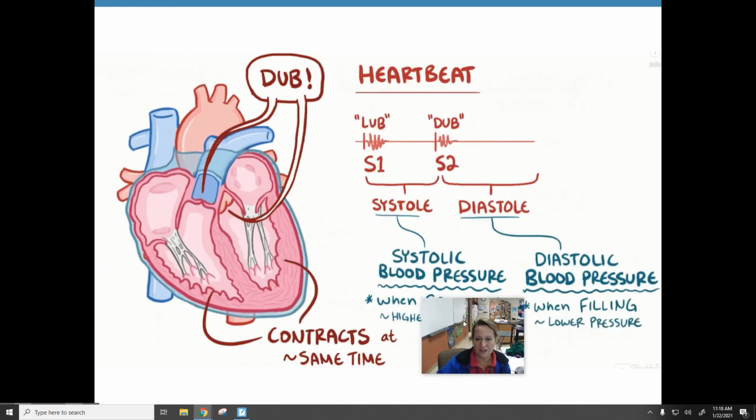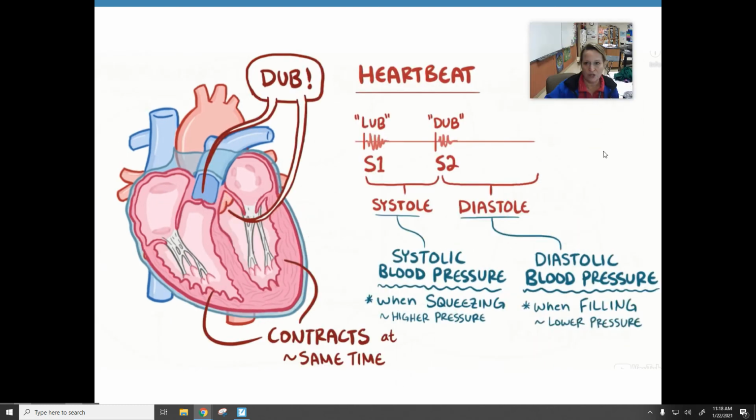The other thing, this one is new information for you. This is just what causes the sound of our heartbeat, the lub-dub, lub-dub. The lub-dub is caused by the closing of the valves. So the first lub is the closing of the AV valves, the atrioventricular valves, the tricuspid on the right side and the bicuspid on the left side.